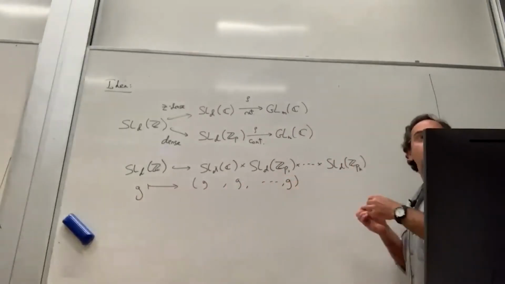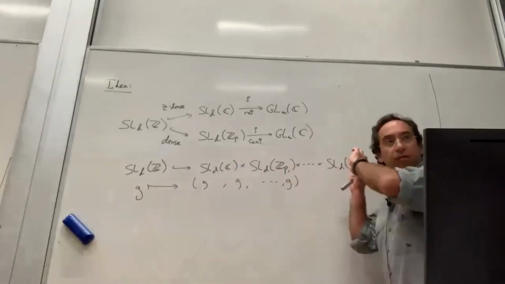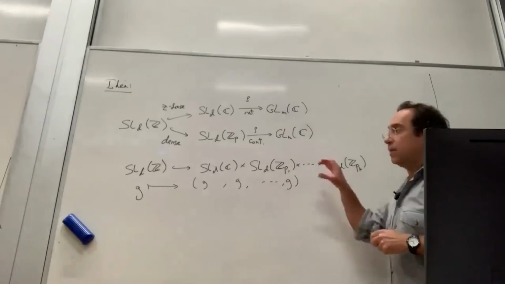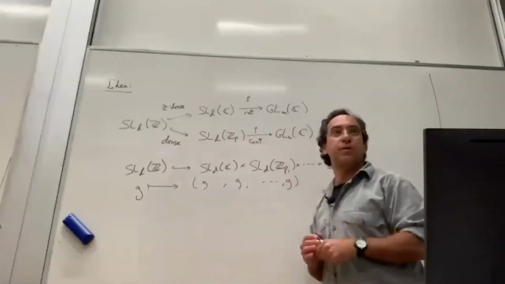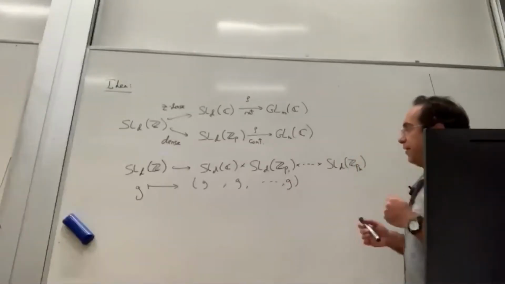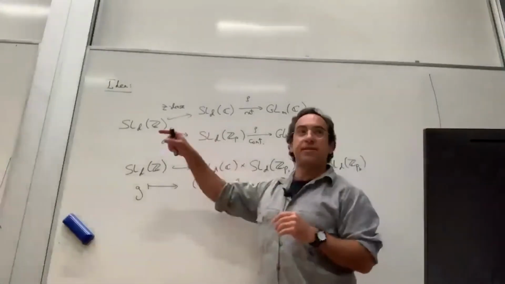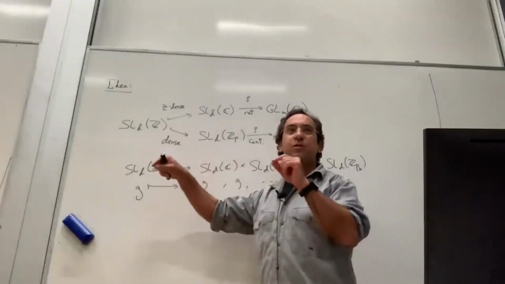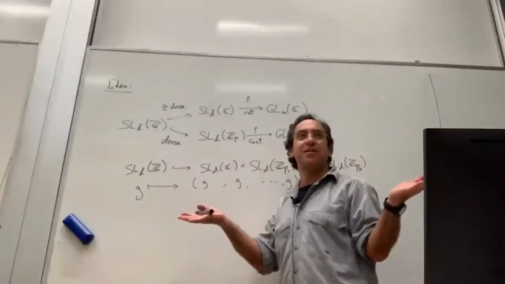So we can take products of representations, kind of outer products of representations, and pull them back, and they still remain irreducible. Now, it turns out that in the presence of the congruence subgroup property, this is exactly what you need to say that you got everything.